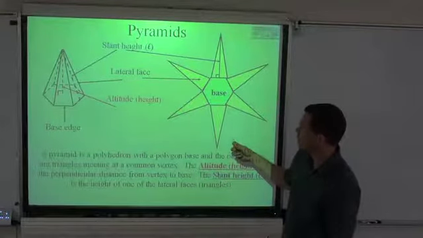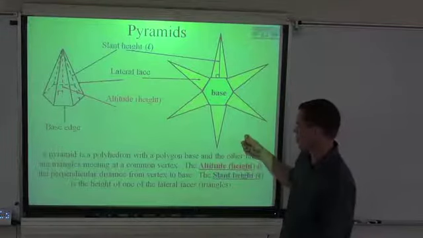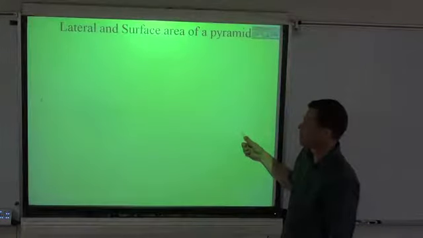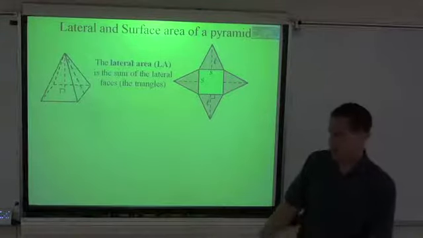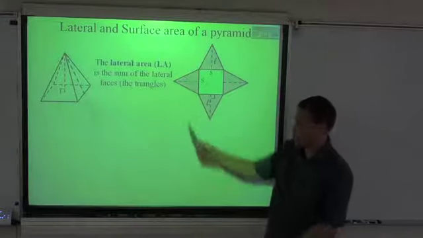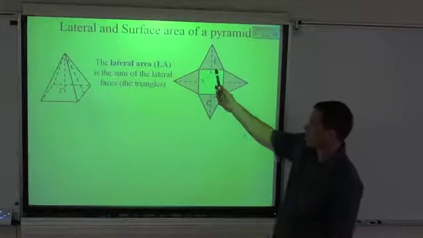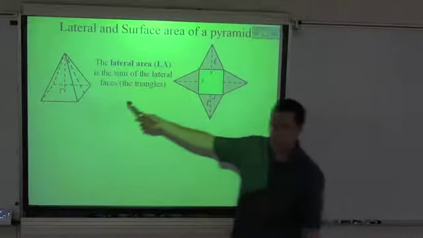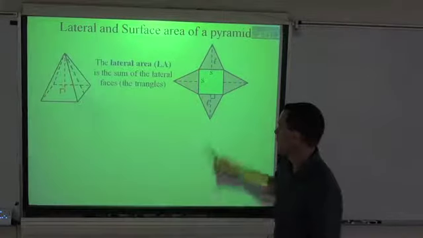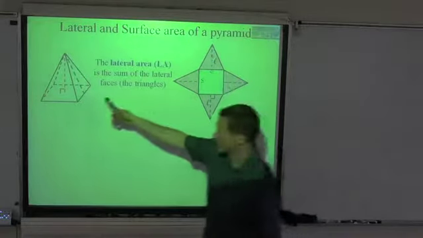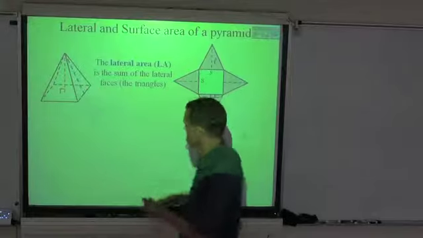So let's put this together using a square-based pyramid. The lateral area is the sum of the lateral faces, which are the triangles. The triangles here, their base is the side length of the square, which is the base of the pyramid. And the slant height is the height of the triangle.